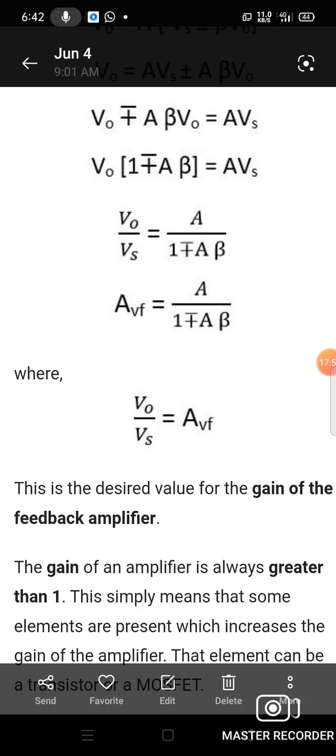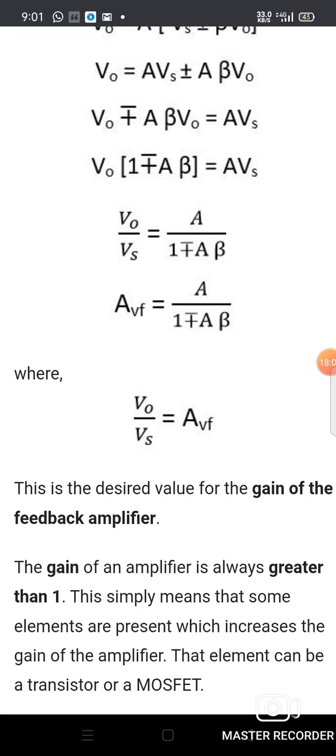Here we do not consider positive feedback and negative feedback. Here we consider just the feedback connection with the amplifier circuit, right? That's why there are plus or minus two signs. If you consider the feedback amplifier as positive feedback or negative feedback, you get only one sign in the denominator, either positive or negative.